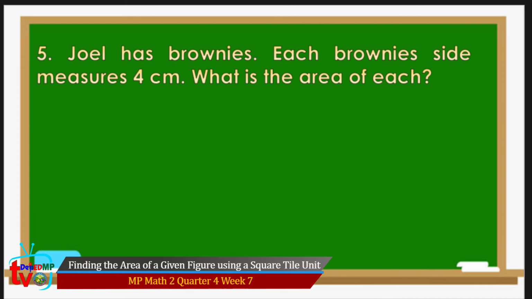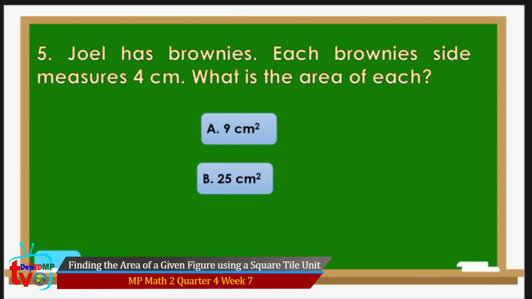Joel has brownies. Each brownie's side measures 4 centimeters. What is the area of each? Is it A, 9 centimeters square, B, 25 centimeters square, or C, 16 centimeters square?